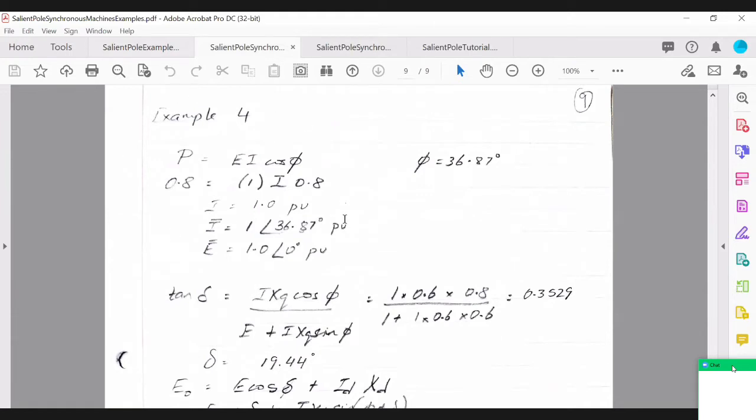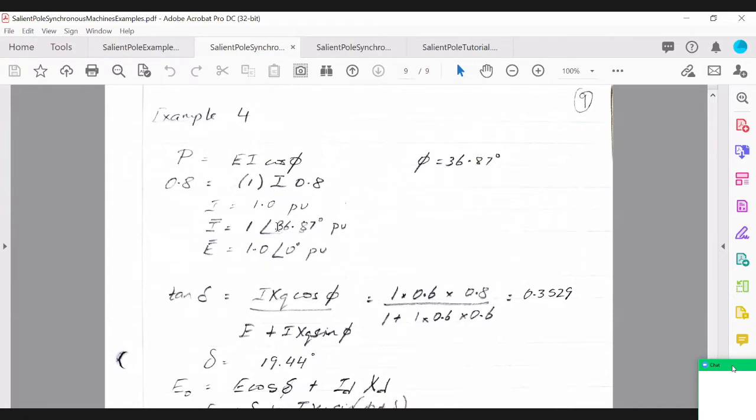As you can see, if your power factor is 0.8 and the power is 0.8, that produces a current of 1 per unit being drawn. That's a full load current being drawn by the motor from the mains, right? And using the power factor, you can determine the angle phi. It's leading, so the angle is positive here.